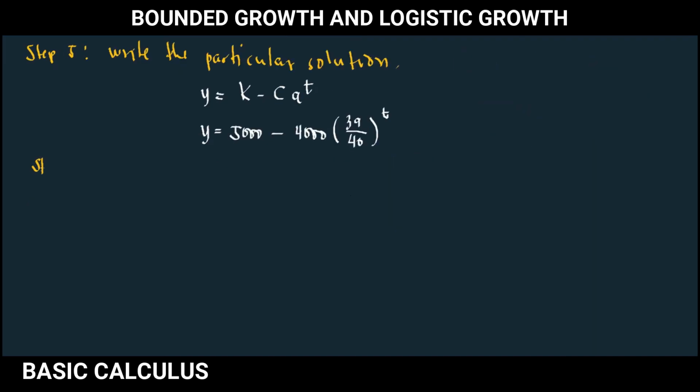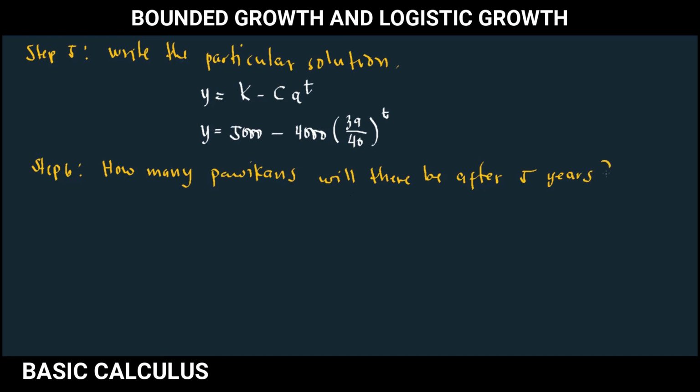Now for our final step, we need to answer the question: how many Powicans will there be after 5 years?